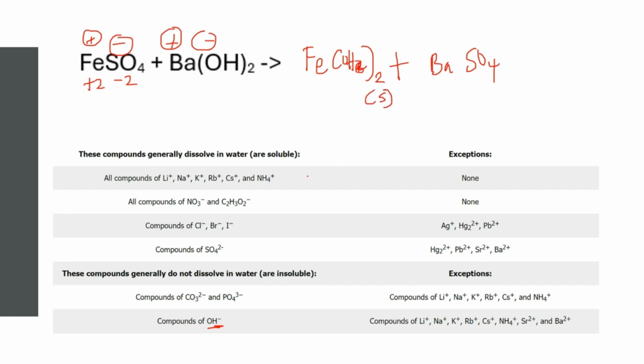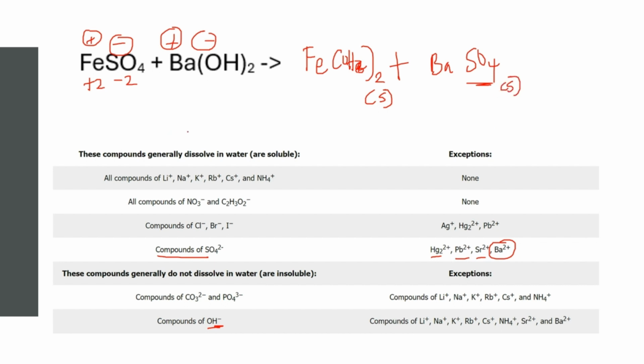And then you have barium sulfate. It's a sulfate. So the anion we're dealing with is the sulfate ion. So compounds of sulfates are usually soluble in water, with the exception of mercury, lead, Sr, and then Ba. So Ba falls into the insoluble category for the sulfates. So we're going to say it's solid.